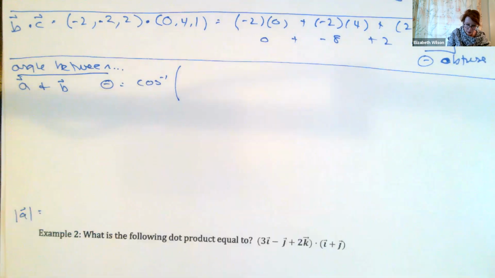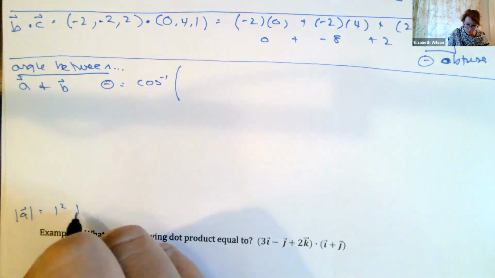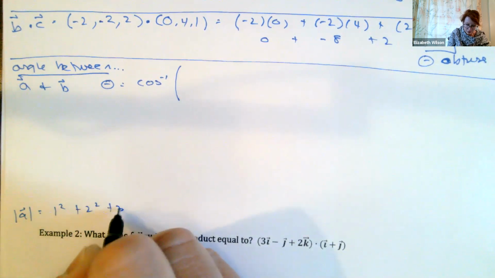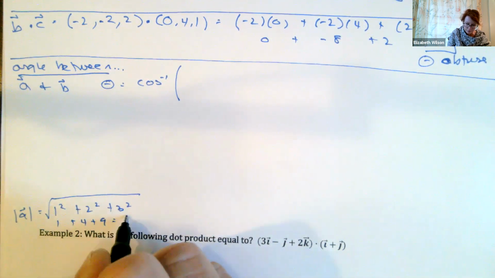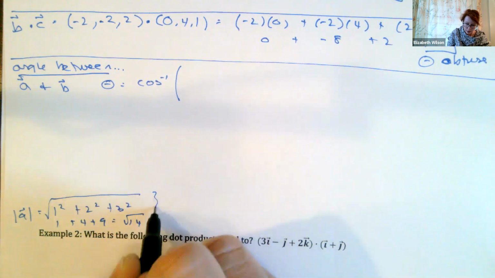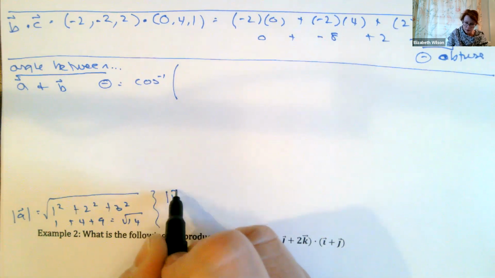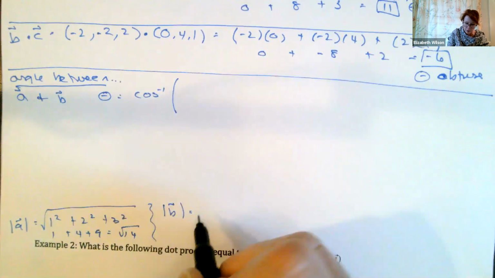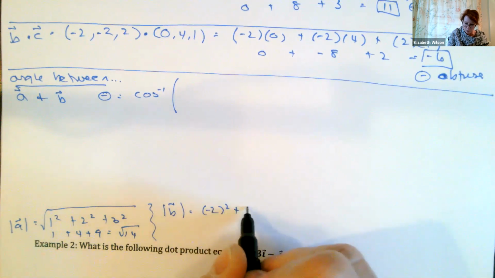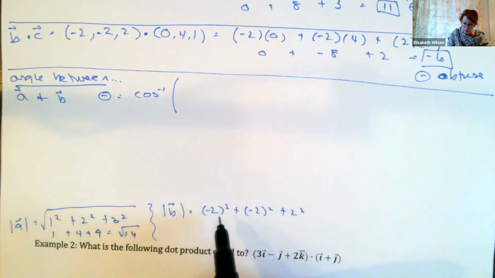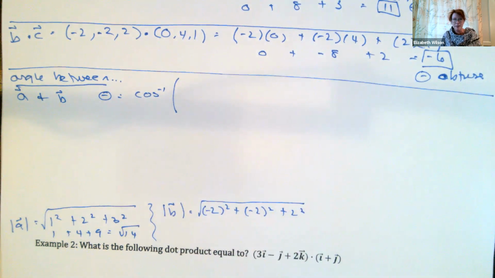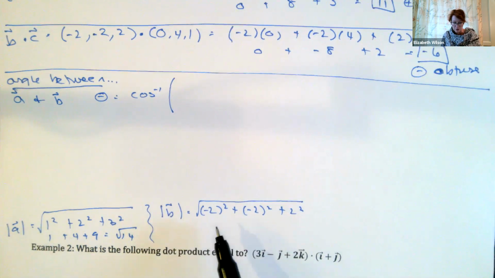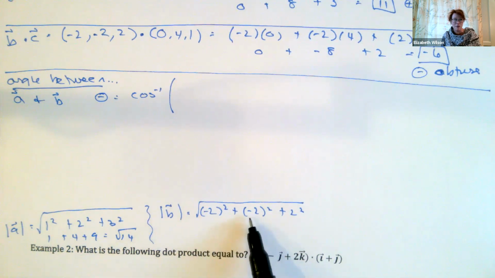inverse cosine. So it's going to be 1 squared plus 2 squared plus 3 squared. So this is 1 plus 4 plus 9, so this is radical 14. Magnitude of B is equal to minus 2 squared plus minus 2 squared plus 2 squared. Be careful, make sure you've got parentheses on here if you're doing it on your calculator, because if I don't put the parentheses, my calculator will say minus 4 plus positive 4.